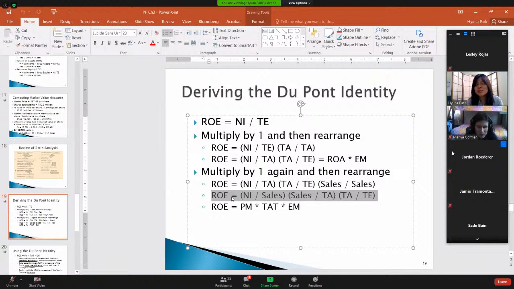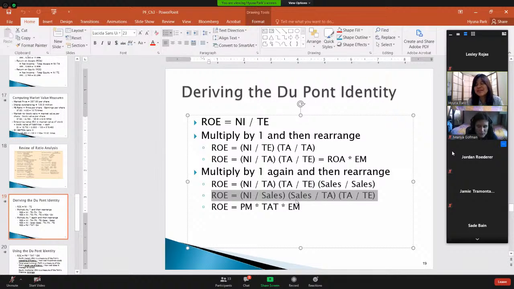So to preserve the equality, you need to multiply by sales in the numerator as well. So sales here appears in the denominator, and here sales appears in the numerator. So these two cancel out. So the equality was preserved.